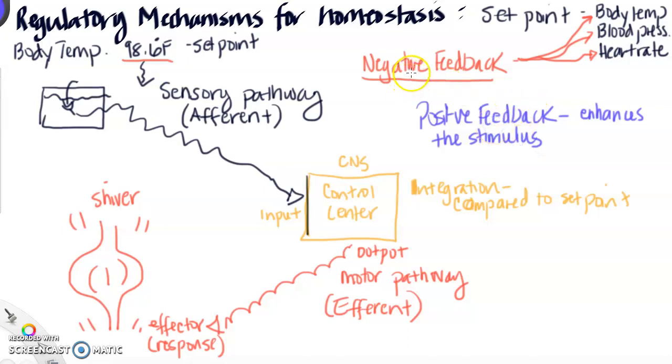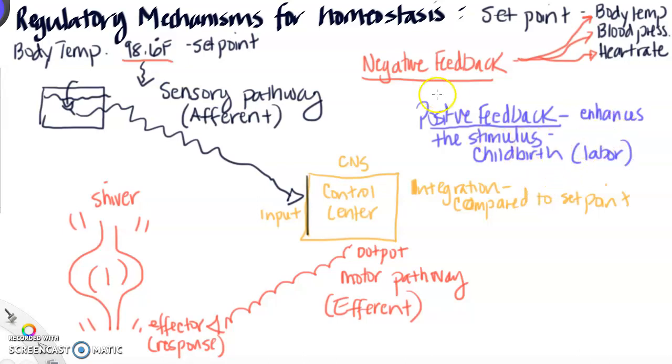In negative feedback, we are lessening the stimulus. Okay, we got really cold, we're getting it back warmed up. Okay, so it does the opposite. It gets rid of that stimulus or makes it less. Positive feedback enhances that stimulus. So an example of positive feedback is childbirth, or more specifically, labor.